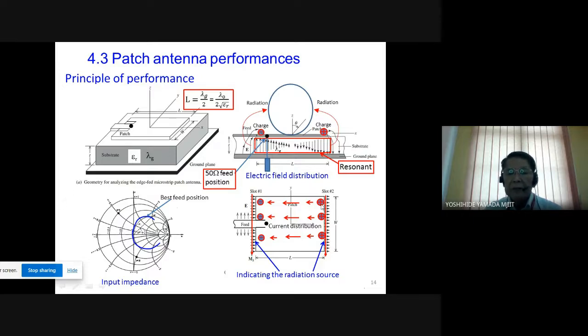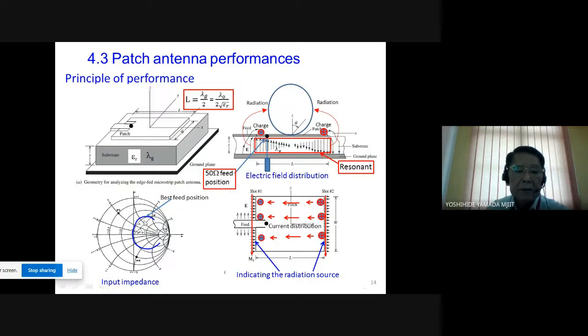So at this edge plus charge, at this edge minus charge. So the current distribution is produced in this direction. The current amplitude is small at the edge, and at the center of the patch the current becomes very large. This is the ideal current distribution of this patch antenna.